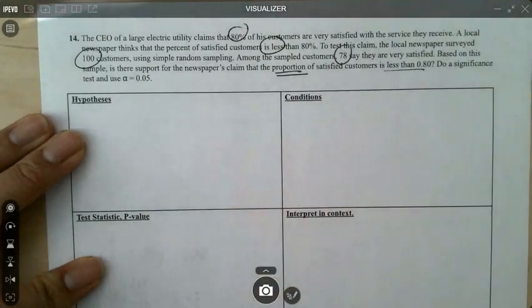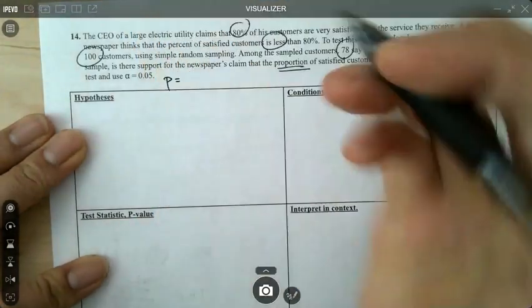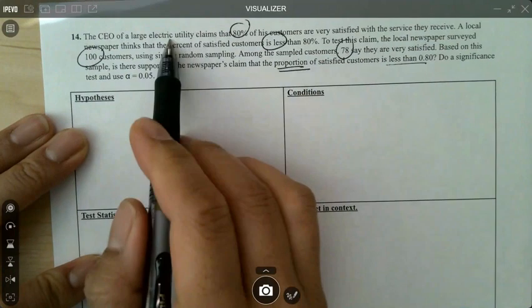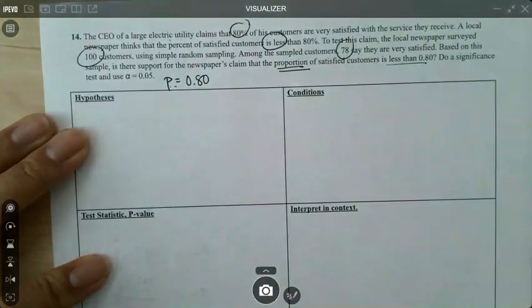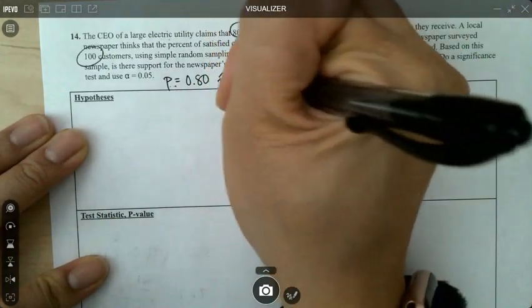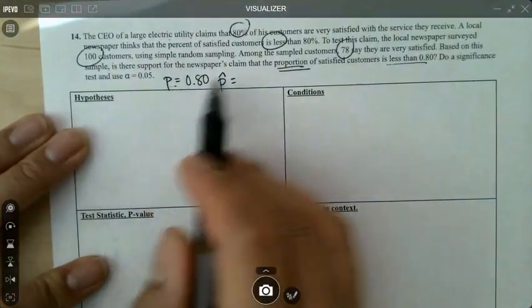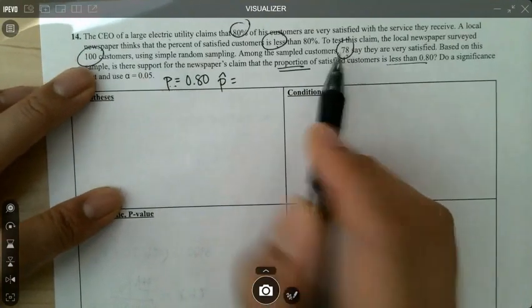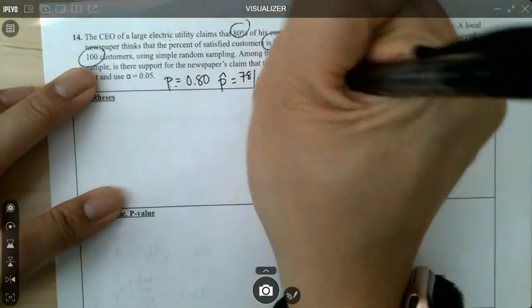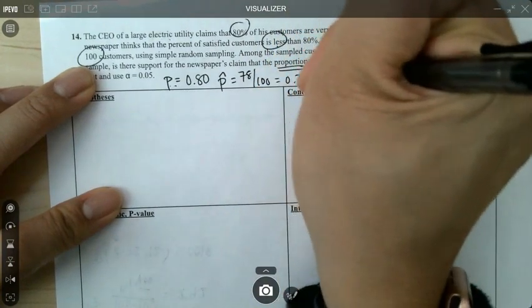So first, let's identify our symbols. P represents the population proportion. That's what the utility is claiming. That's 80%, so that's going to be 0.80. P hat is the proportion of the sample that say they're satisfied. In that case, they said 78 out of 100. So 78 divided by 100 is 0.78.